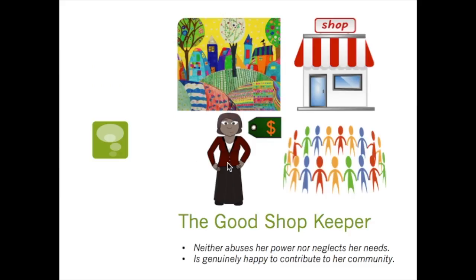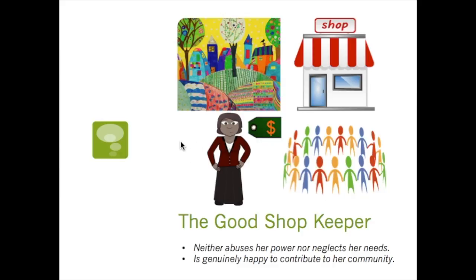So let's turn to our shopkeeper. Again, we've got the village, we've got the shop, and the shopkeeper who is nice enough to keep the prices low. Why should she do that under virtue theory?